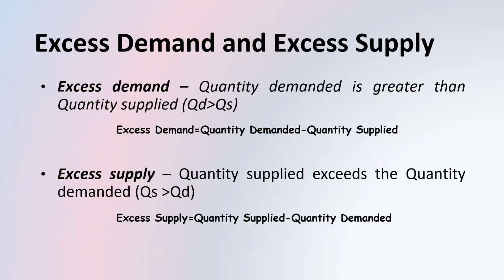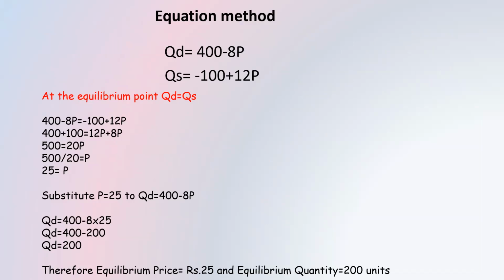By using this equation we can calculate. QD is equals to 480 and QS is equals to minus 2P, that you can write down.